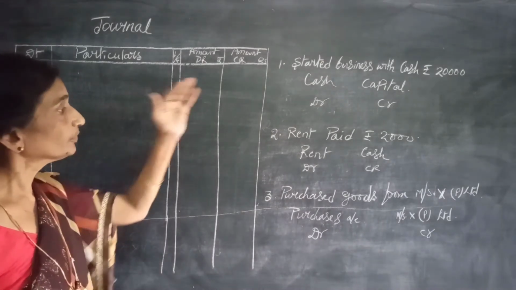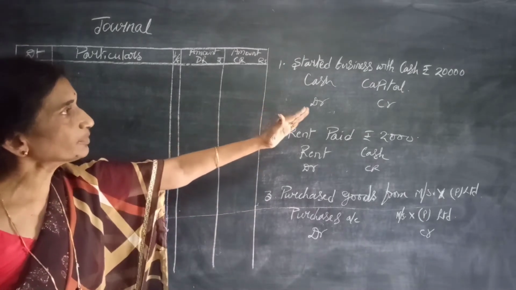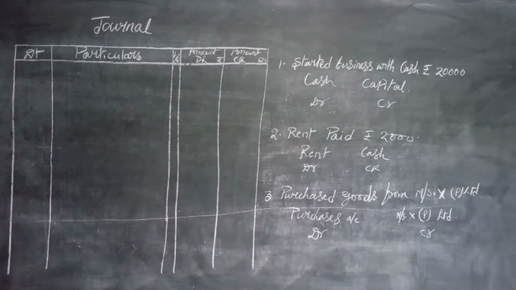Now let us see how to record the transactions in the journal. I am giving you some examples. The first one is: started business with cash rupees 20,000. For recording the transactions, you have to know the rules of debit and credit, which we have seen in our 6th chapter. Here, started business with cash, two accounts are affected: cash account and capital account.